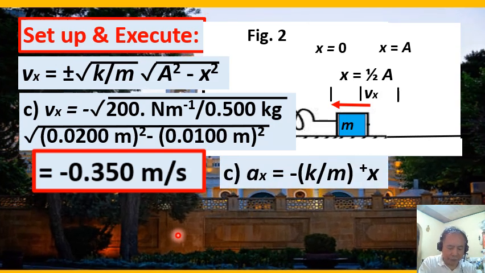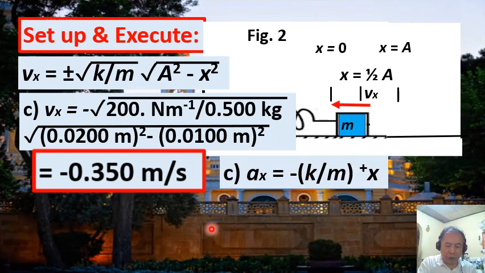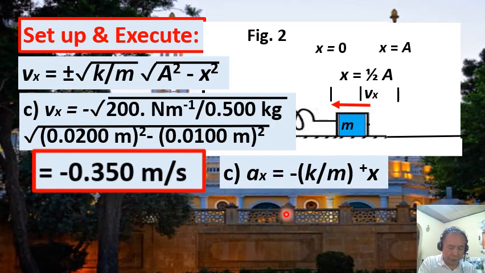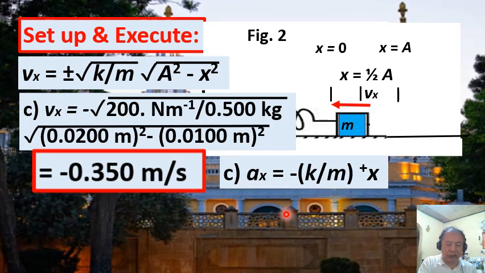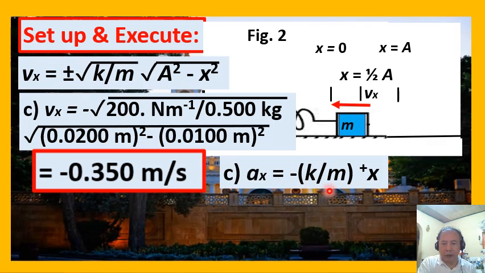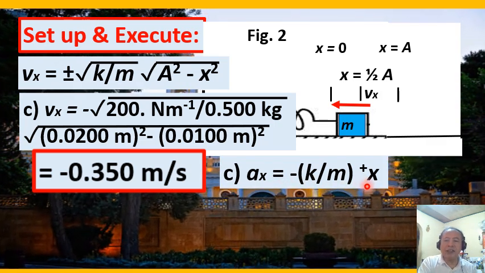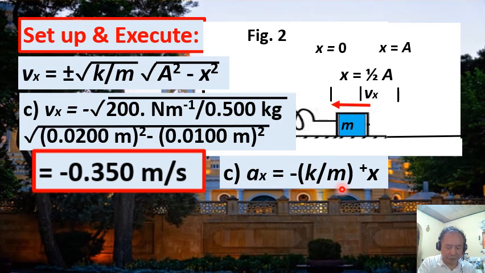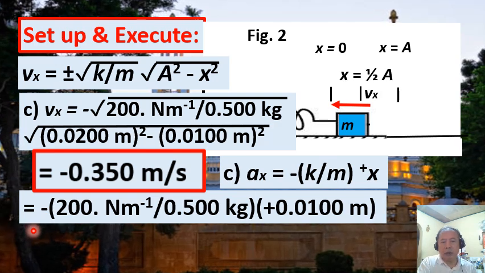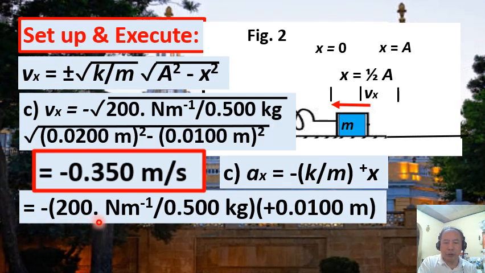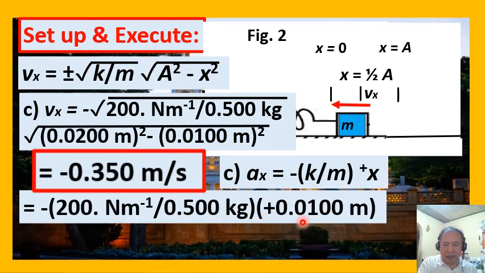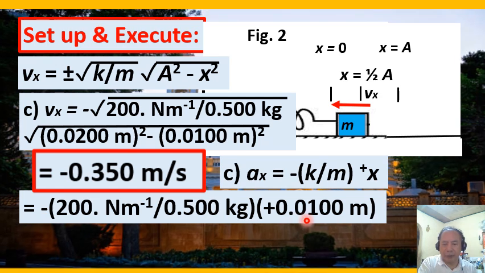At the same time, or at the same position, x equals 1/2 of the amplitude, we also find the instantaneous acceleration using the formula ax equals negative quantity k over m multiplied by positive x, or that will be ax equals negative 200 point newton per meter divided by 0.500 kilogram and multiplied by positive 0.0100 meter.